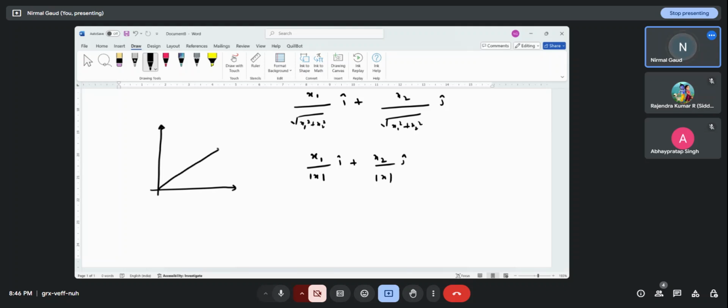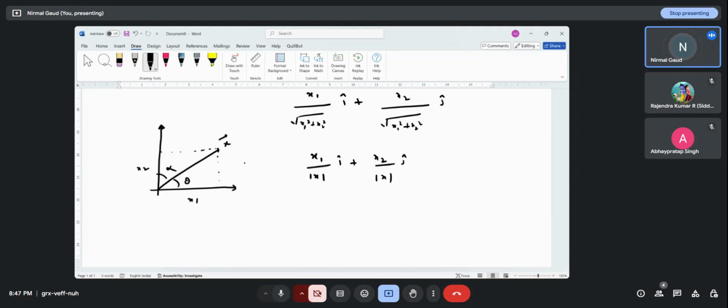This is my x vector. Here is my point, that is x1, x2. Let us suppose it is making an angle theta. Here, this is making an angle theta with the x-axis, and let us suppose this is making an angle alpha with the y-axis.